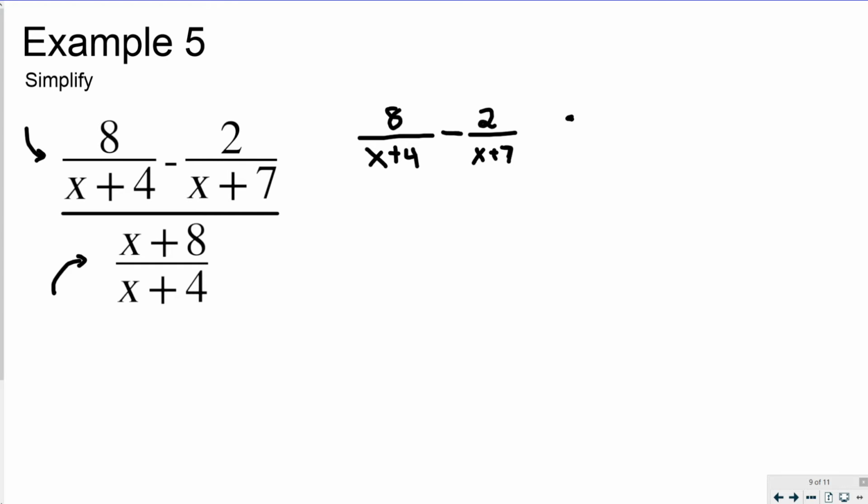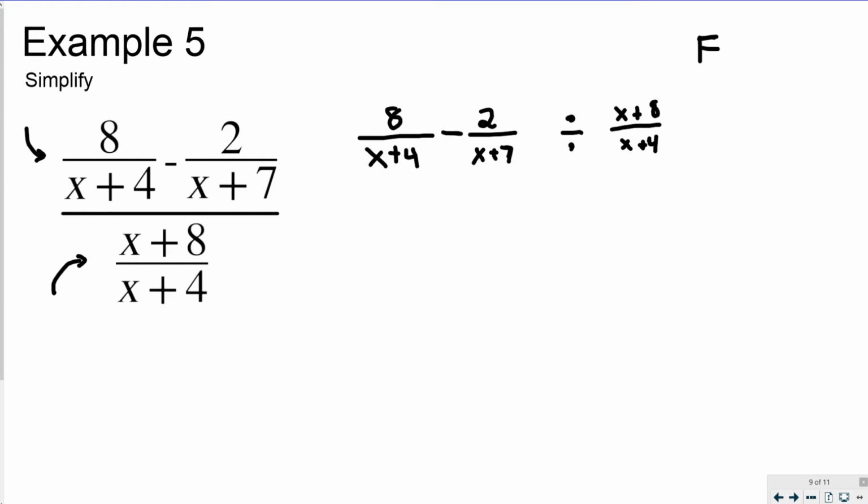So just wait until we finish writing everything out. Divided by x plus 8 over x plus 4. Okay, so we have rewritten it, and then what we're going to do is flip it first.